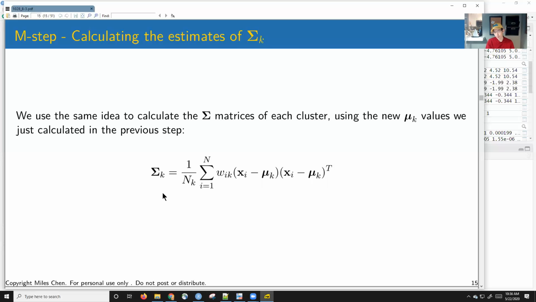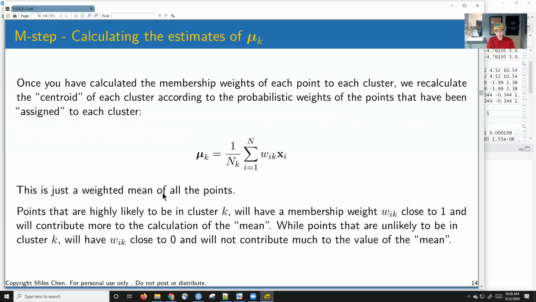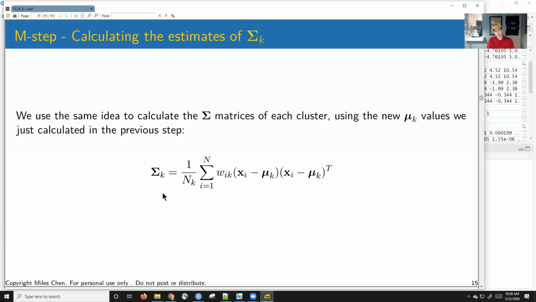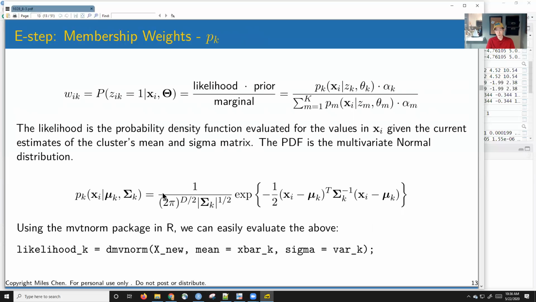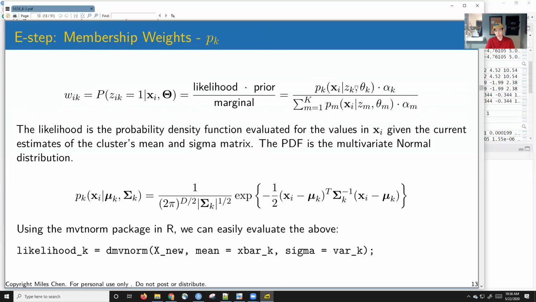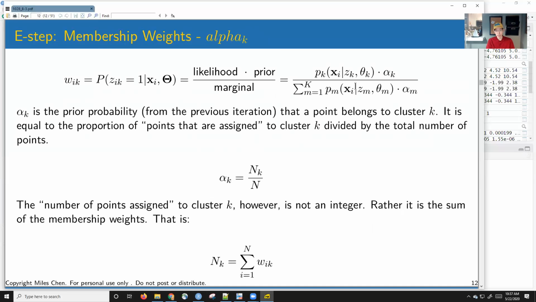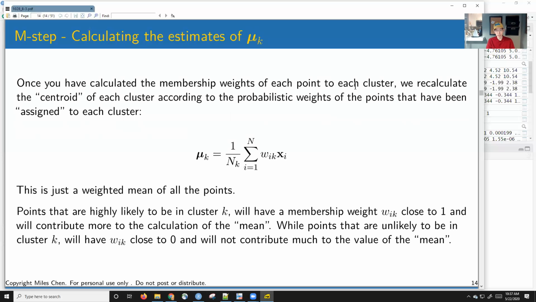And so that recalculates the variance matrix here. So we have a way to calculate the centroid, or the mean, and the variance, the equivalent of a centroid and the variance, and we use those going back when we calculate, because we're going to iterate back and forth between the E step and the M step.